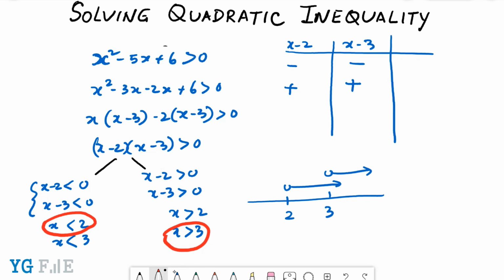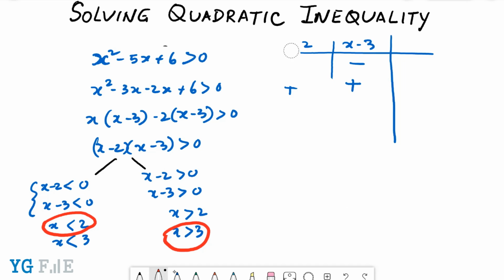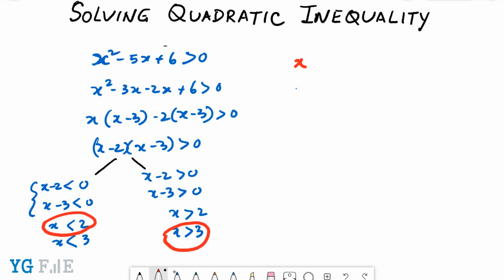So the solution set for this inequality in total is whenever x is either less than 2 or x is greater than 3. These are all the solutions of x for this quadratic inequality.